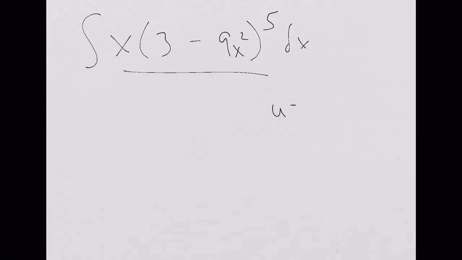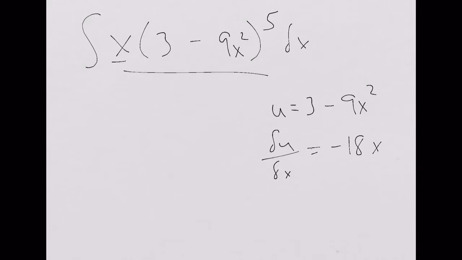And so if we let u equal this 3 minus 9x squared, the derivative of that with respect to x would be equal to negative 18x. So that's not exactly what I have, right? I have x, not negative 18x.